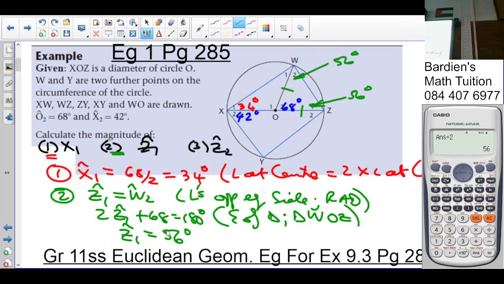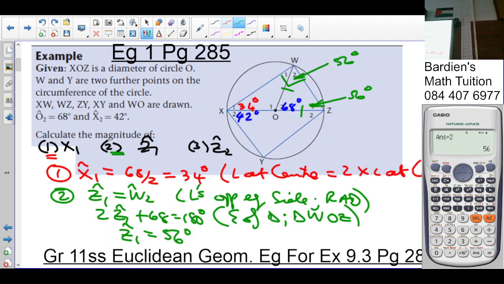People, there was another way I could have done it. I could have worked out O1 first, angles on a straight line, and then go angle at center, twice angle at circumference. You will agree with that? Alternatively, that would also have gotten you full marks. Alternatively, I could have said, and I was hoping somebody would have said, that W1 and 2 is 90 degrees. Why?